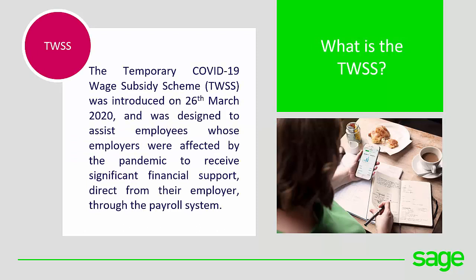The Temporary COVID-19 Wage Subsidy Scheme, or TWSS, was introduced on the 26th of March 2020 and was designed to assist employees whose employers were affected by the pandemic to receive significant financial support direct from their employer through the payroll system.